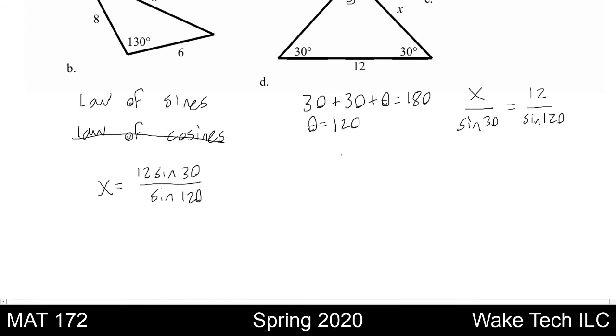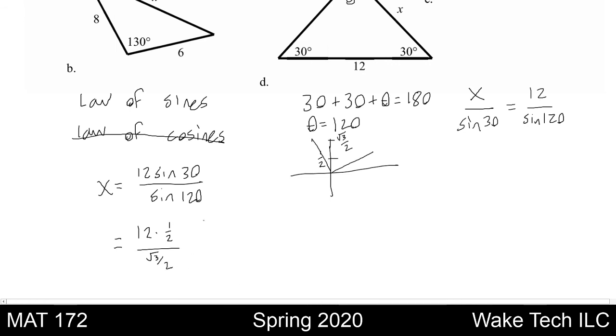Sine of 30 and sine of 120 are values that we can actually glean from the unit circle, thankfully. Sine of 30 is a positive 1/2. Sine of 120 is the square root of 3 over 2. So what we have then is 12 times 1/2 divided by the square root of 3 over 2.